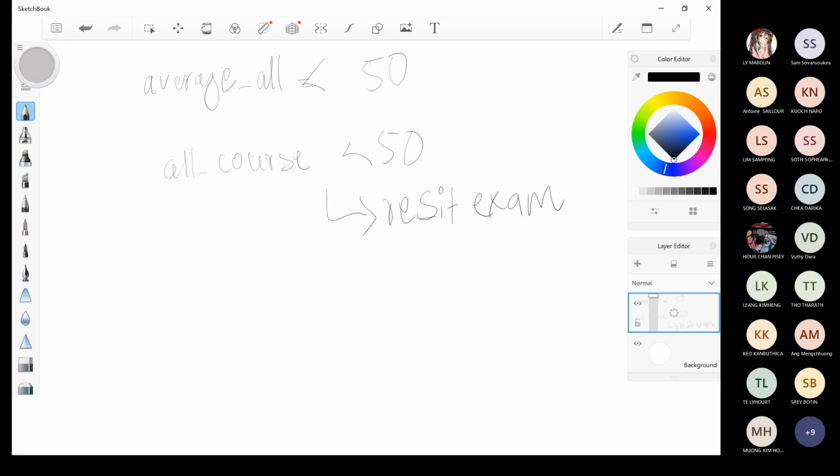For example, if in modeling and simulation your final score is only 40, however we take a resit exam, your score will still be 40. And if you cannot pass the resit exam from the other courses to pass your semester, it means that you will study again next year.